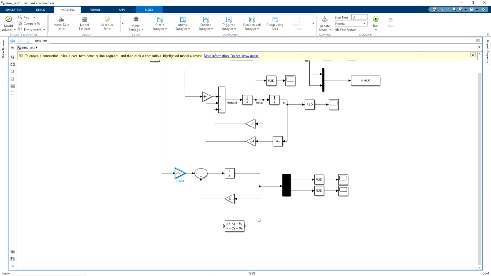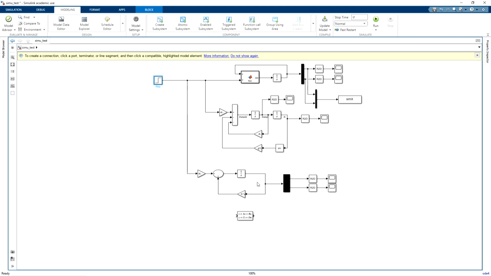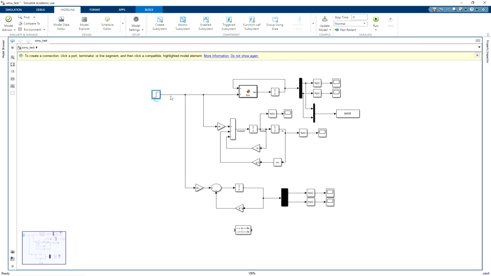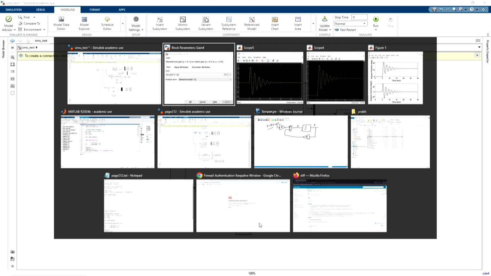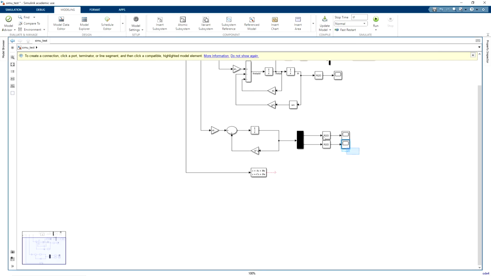Okay. What we need to do here is again plug in this signal as an input to this block. All right. Let me close these figures. We will just copy this code here.